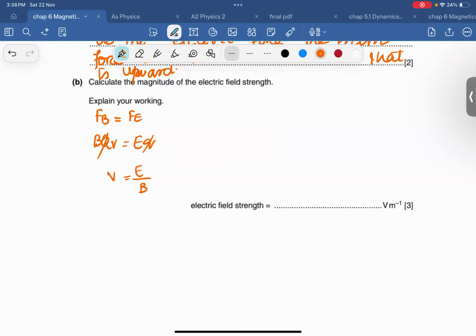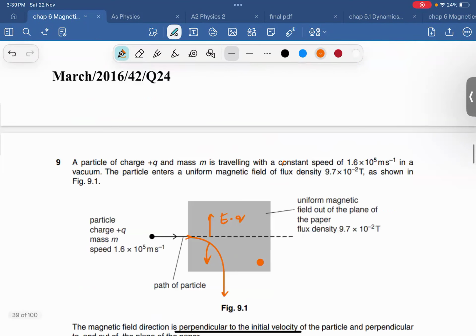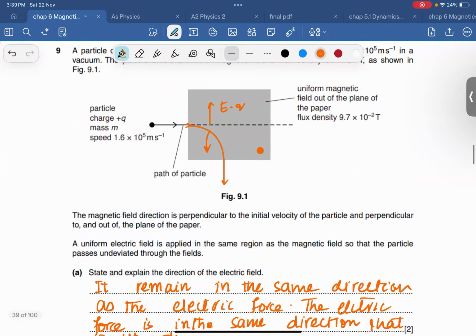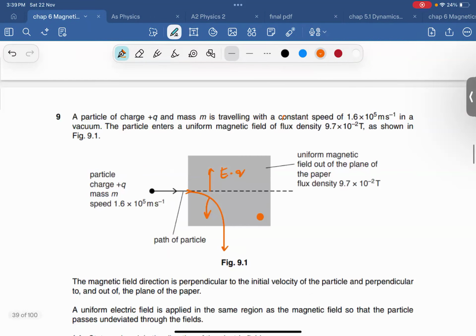We're finding the electric field strength, so you can just multiply the velocity. You don't have to show this one, basically. B is 9.7 exponent negative 2. Velocity is 1.6 exponent 5.